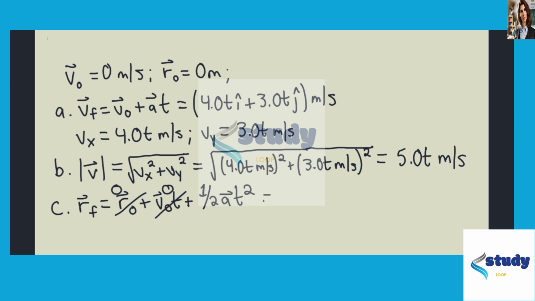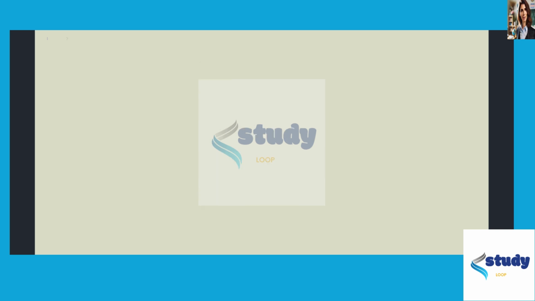And so this is going to equal 2.0 t squared i hat plus 1.5 t squared j hat meters.